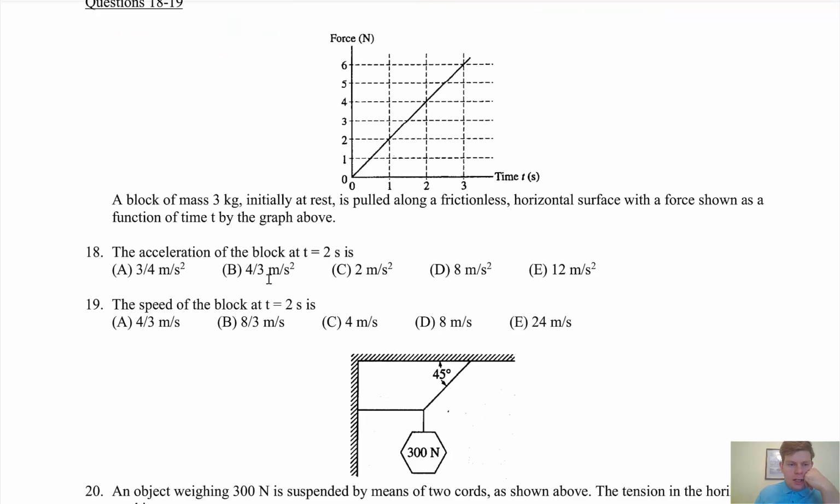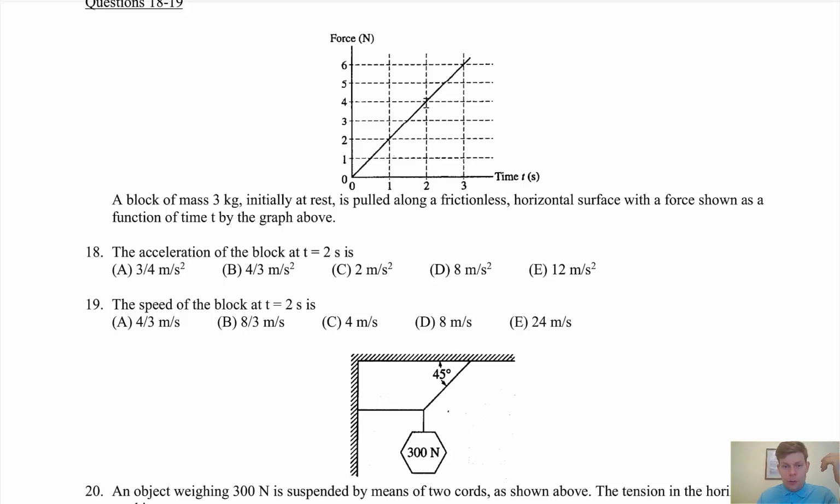All right, last three we'll do in this video. So we've got a block of mass 3 kilograms initially at rest, pulled along a frictionless horizontal surface with a force shown as a function of time by the graph above. What's the acceleration of the block at t equals 2? At t equals 2, we can just basically read the graph.